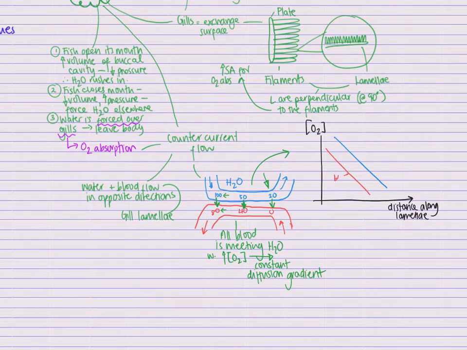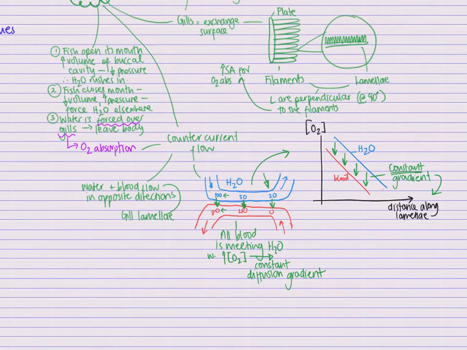Okay, so blood, and then we've got the water just there. And in an exam situation, it might ask, what is the benefit of this? It's the fact that we've got that constant diffusion gradient. So I'll put a little note at the end, these green arrows showing us constant gradient across the whole length of the lamellae. So all the way down.